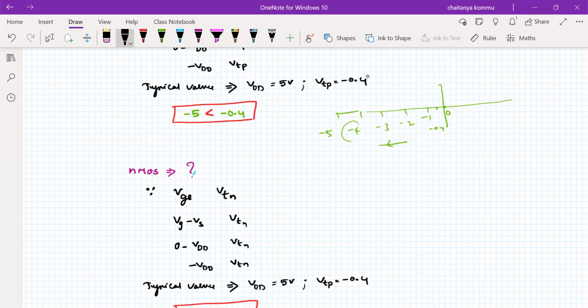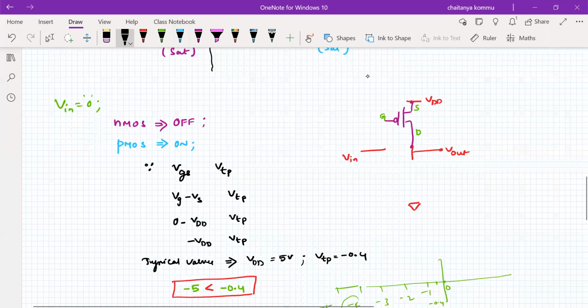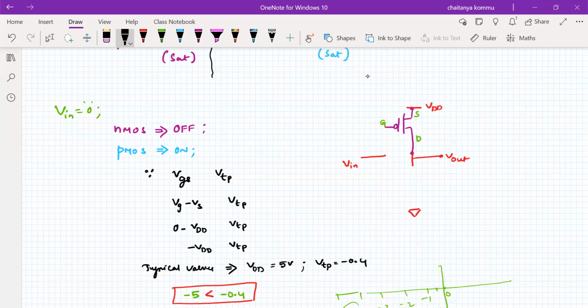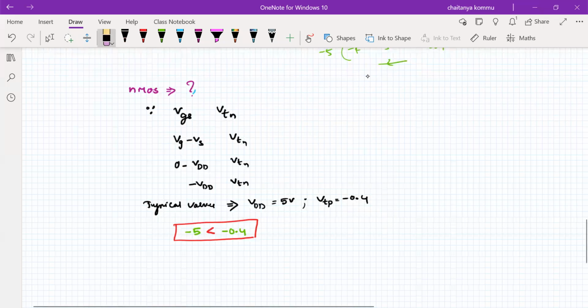VS is at 0 potential, which we have applied. It is ground potential, actually ground. It is 0. So typical values, VTN is plus 0.4. So what is the right hand side expression?